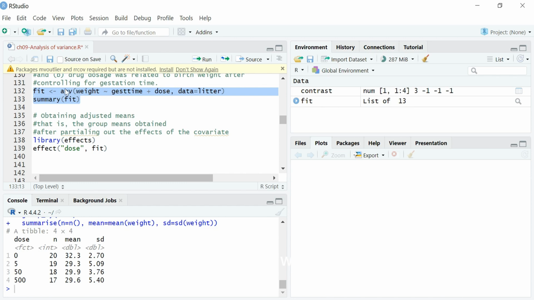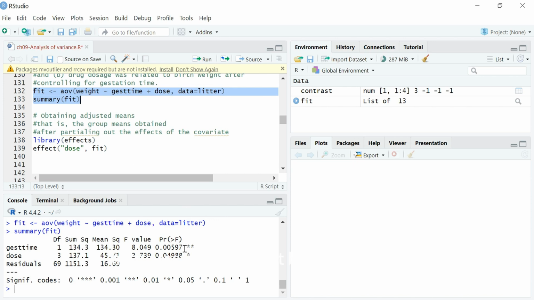So the function will know which is the categorical variable and which is the covariate. The result shows that both gestation time and dose are significant. Dose being significant means the treatment group mean values are not the same after controlling the effect from gestation time, right?